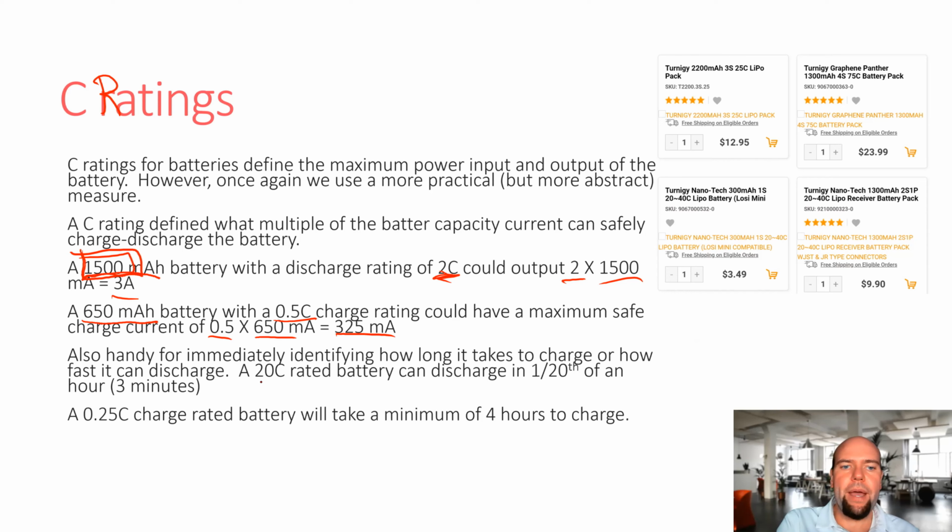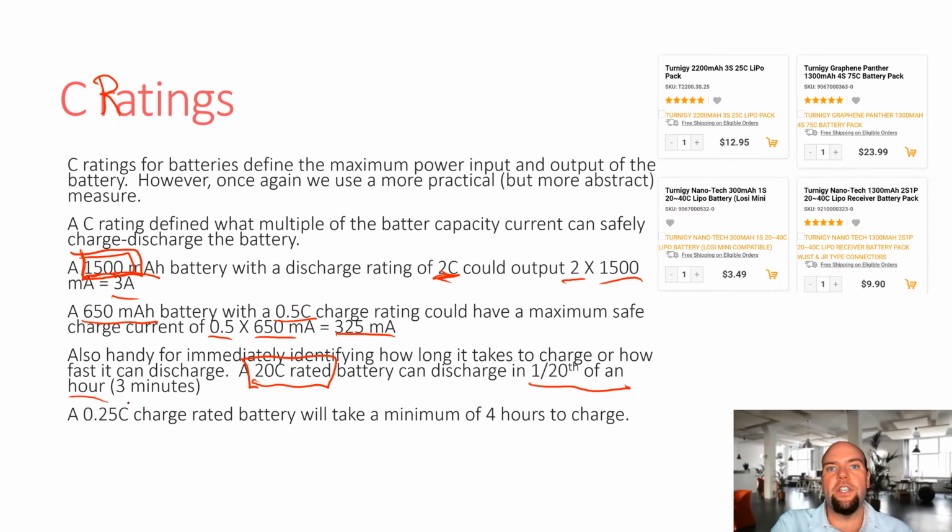For instance, a battery rated to 20C discharge will take 1/20th of an hour, which is 3 minutes, to fully discharge. So at a maximum discharge rate, a 20C battery will always take 1/20th of an hour to discharge. Similarly, you can look at the charge rate the same way.